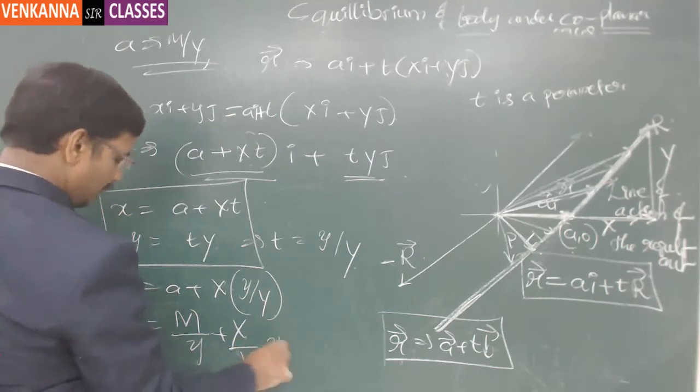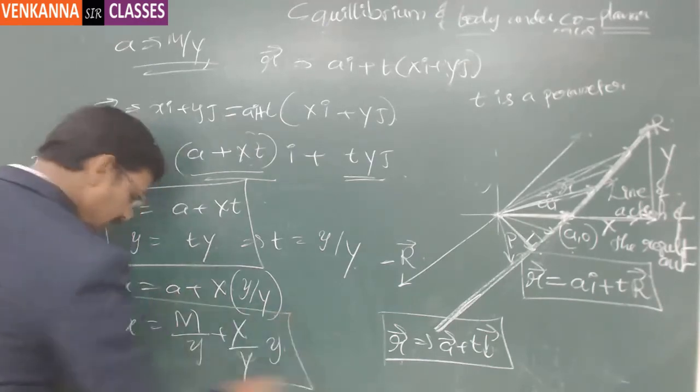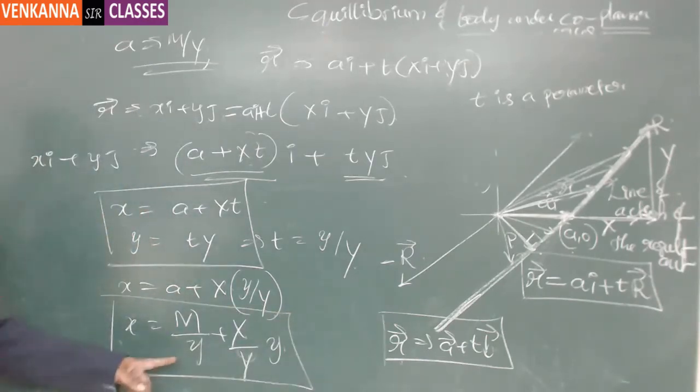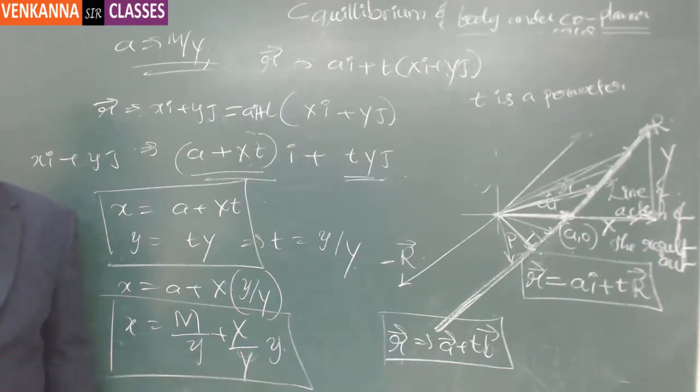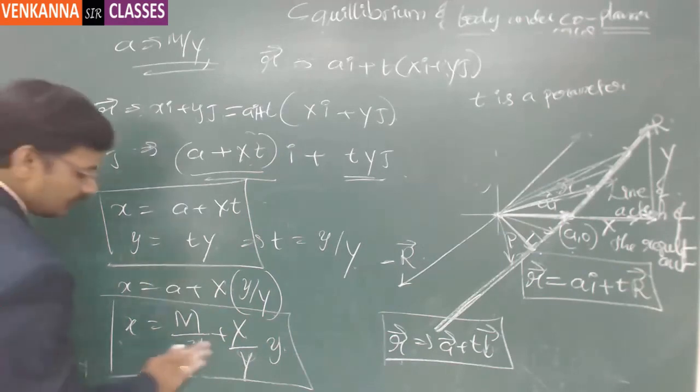This is the equation of the straight line. Don't you notice that this is the y is equal to mx plus c format, or x is equal to my plus c format? So X and Y are the known force components, and m is the moment. This is capital Y.